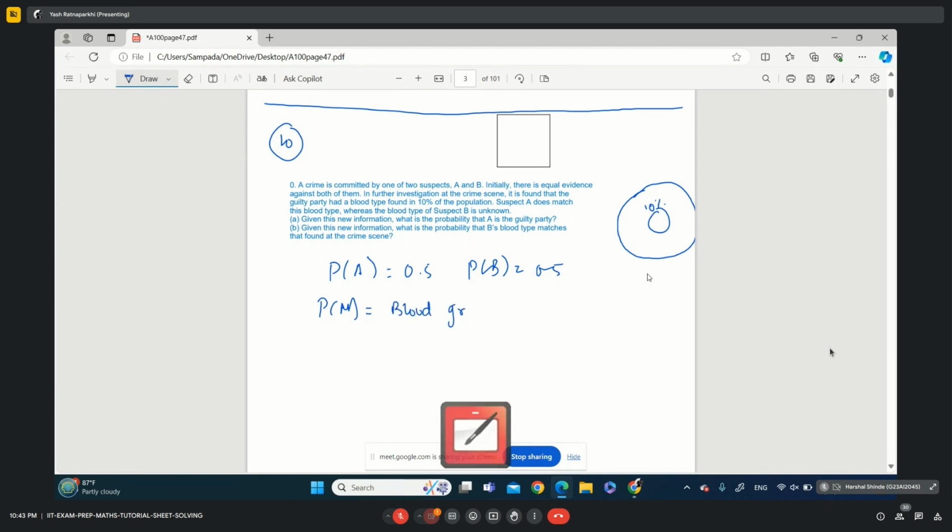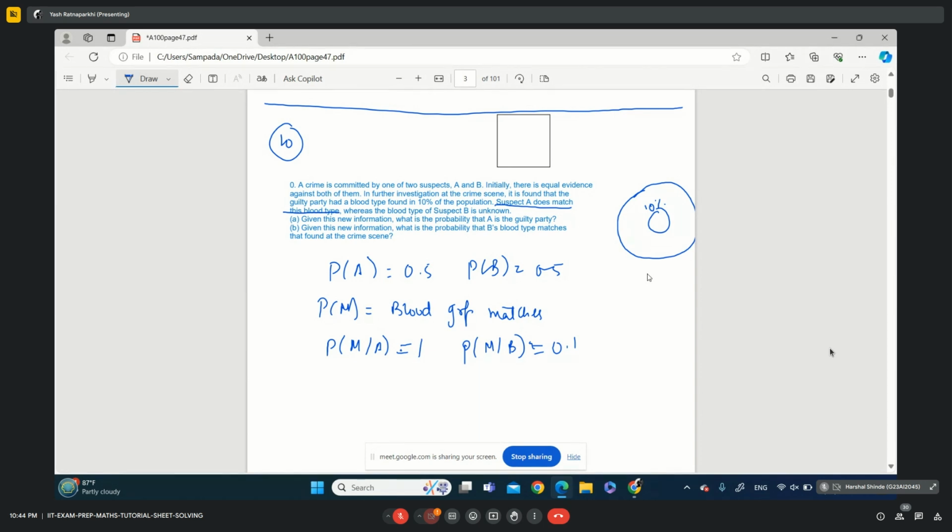The probability of M given A is directly given, because suspect A matches the blood group, so the probability will be 1, 100%. And for the second case, the probability of matching for B: the guilty party had a blood type found in 10% of the population, so for B it will be 0.1. Correct till here?